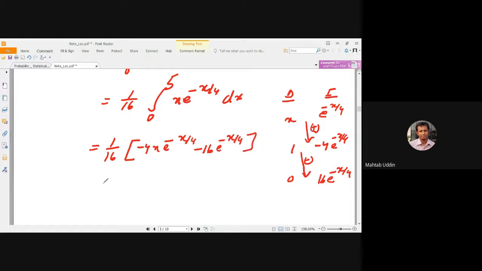Then you can put the limit 0 to 5 here. If you put 5, minus 20 e to the power minus 5 by 4, sorry, not x by 4, 5 by 4 here.